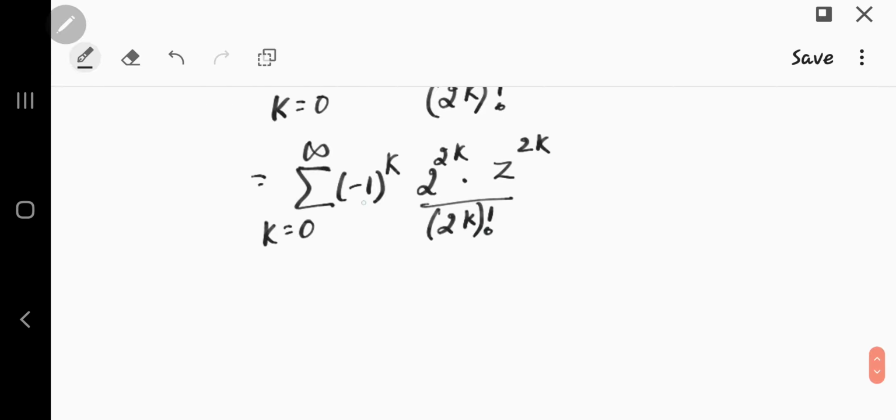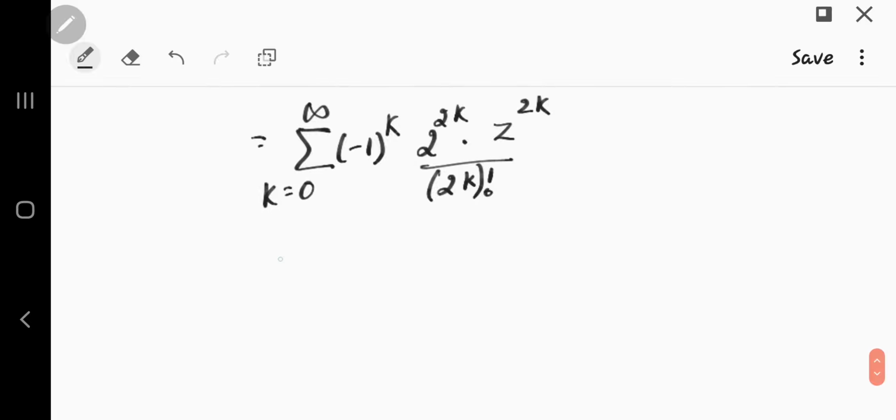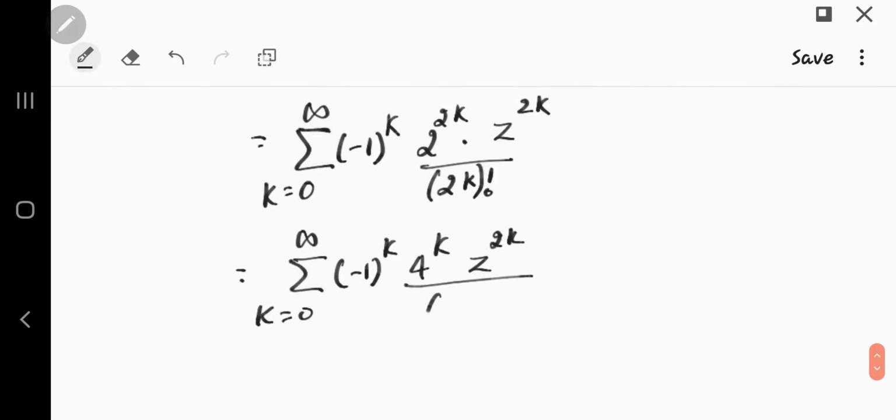Now we have minus 1 and 2, and 2 to the power of 2k, I can write it as 4. So let's write it down here. Minus 1 to the power of k, 4 to the power of k, z to the power of 2k divided by 2k factorial.